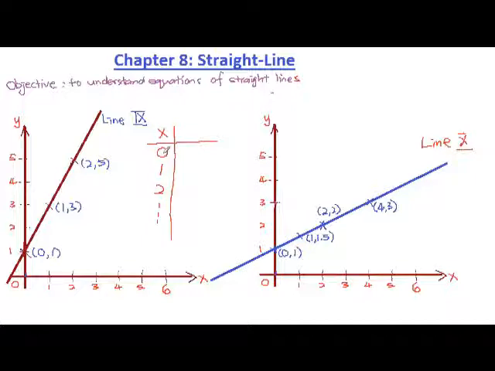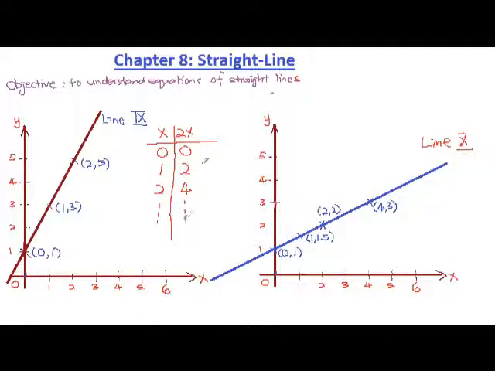Apparently, we cannot see any common characteristic, but if we try to multiply the value of x by 2, so 2x equals to 0 here, 2 times 1 equals to 2, 2 times 2 we get 4.